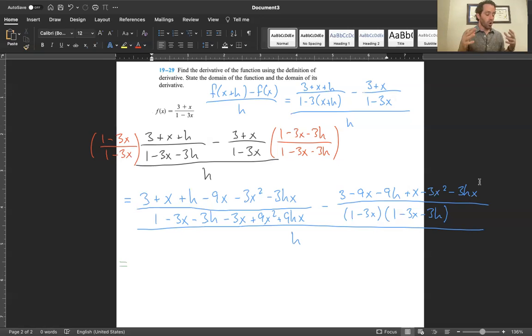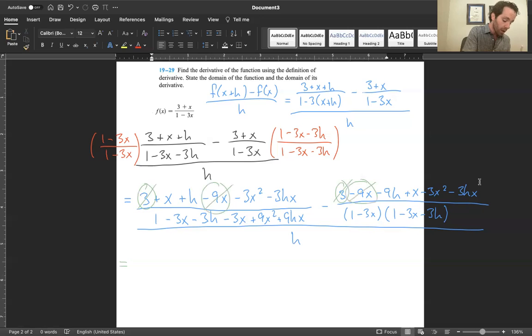And now, hopefully, we're going to get a little bit of payoff. Now, this is usually the step where things start to cancel. So let's do that. Knowing that this minus sign is the thing that links the two, what I'm looking for is the same thing to show up in the first fraction as in the second fraction. So 3 minus 3, those are gone. And then negative 9x minus 9x, those are also gone.